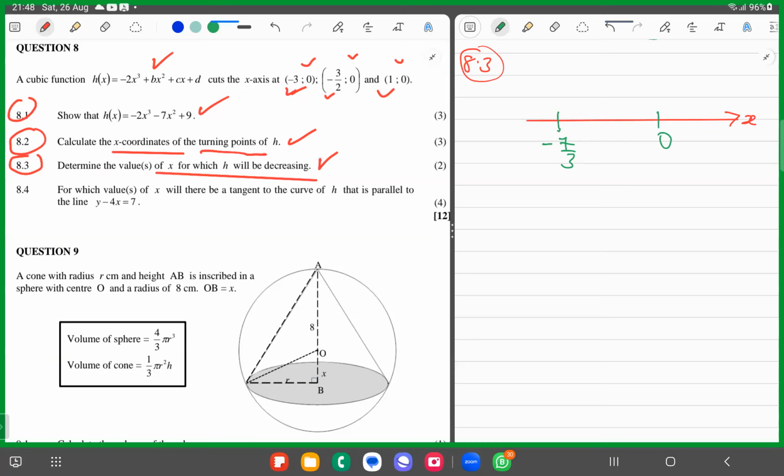So a couple of ways to see that one. So the function h is this one given. It is minus 2x cubed minus 7x squared plus 9, which is minus 6x squared minus 14x.